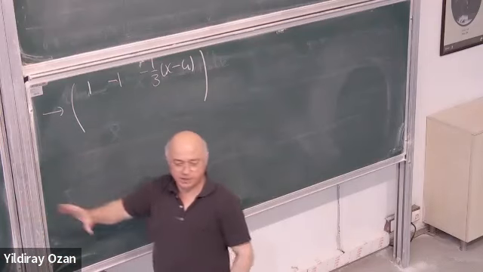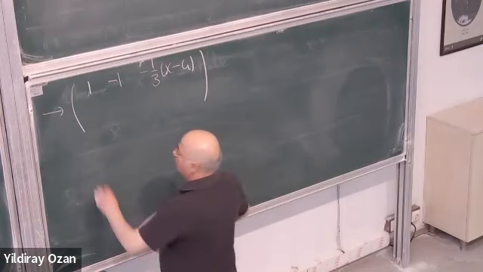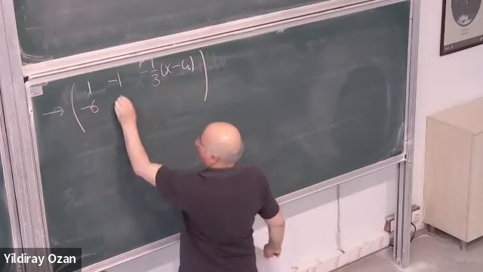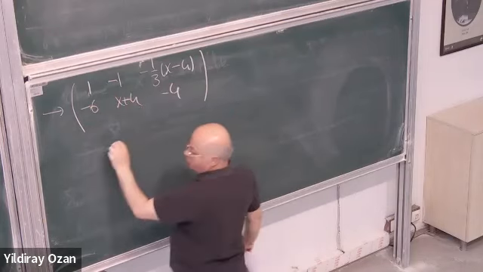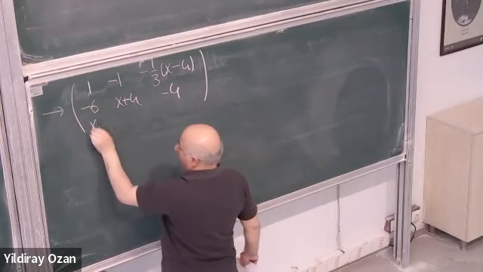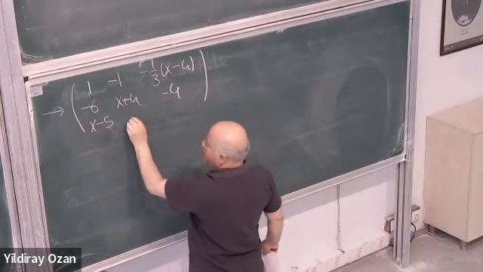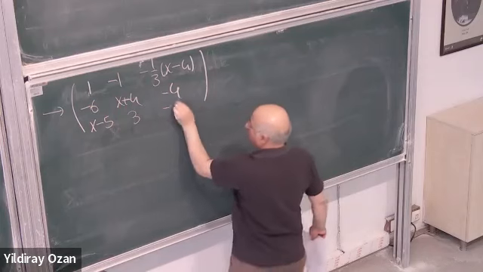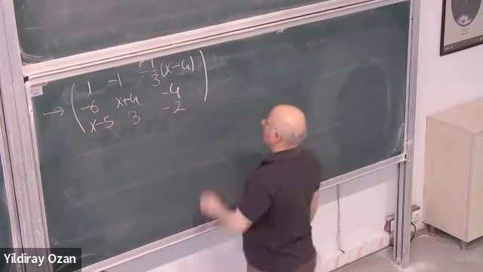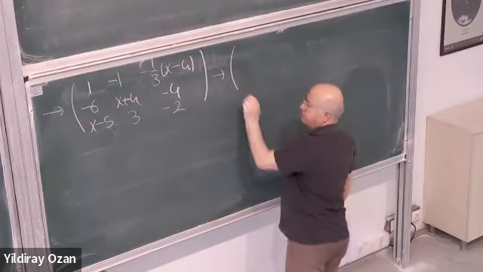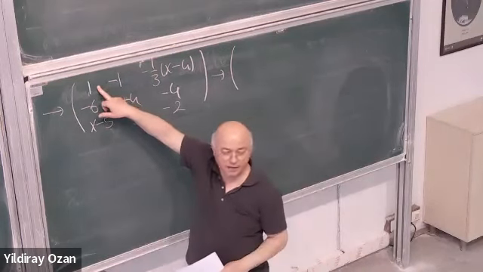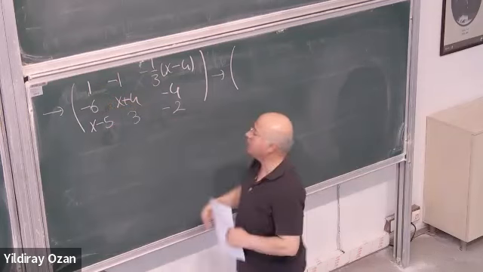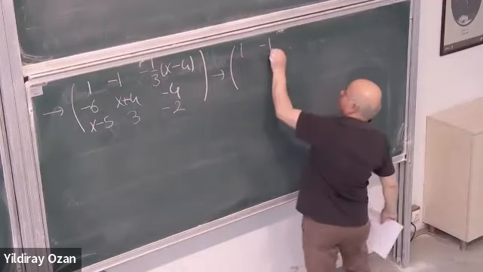Yani bir anda birkaç şey birden yapıyorum. Eksi 6, x minus 4, minus 4. Bunu da üsttekini de aşağıya indirdim. 3, eksi 2. Sonra ne yapacağım? I will kill this guy, multiply this by 6 and add to this one. So let me keep this.